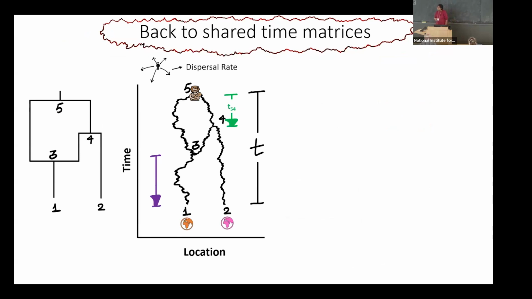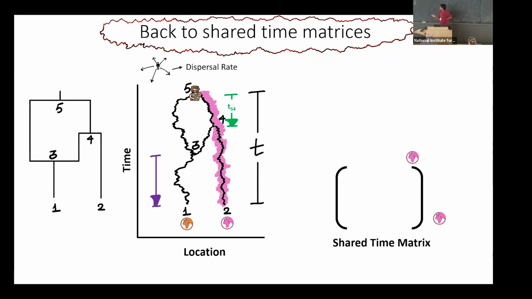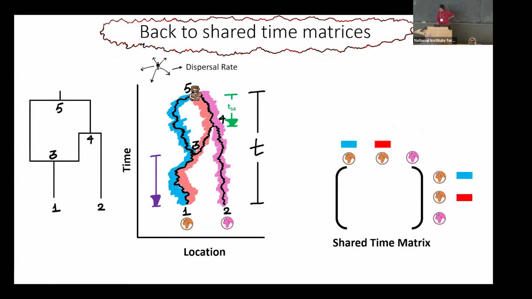Okay, so what this does is it simplifies your problem, and you go back to this idea of shared time matrices. So if you have this ARG, and this is the process you're trying to model, the covariance at the tips ends up depending on a shared time matrix, but related to the paths. Instead of looking at just the samples, you look at every possible path. So there's one path associated with 2. There are 2 paths associated with 1, and you compute the shared time between each of these paths.